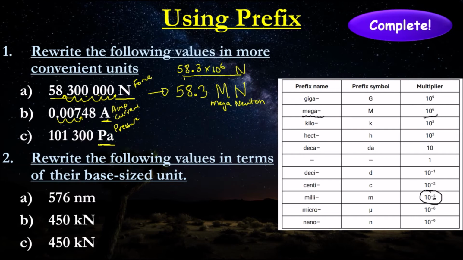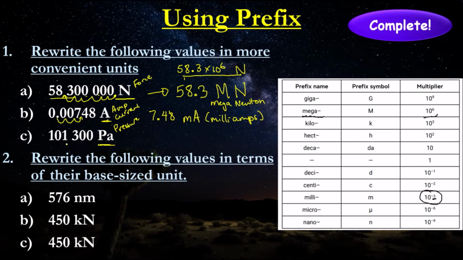So I'm moving my decimal backwards by 3 positions. If that's the case, this is going to be 7.48 milliamps. And so that's how you do this one here.